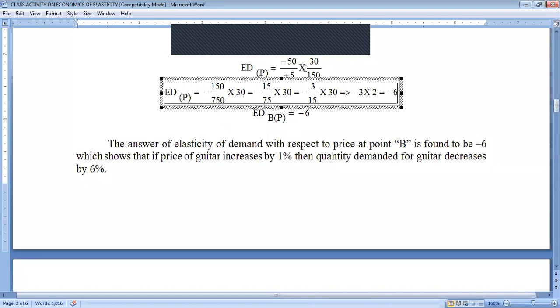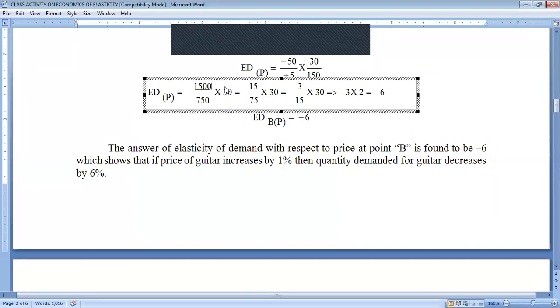50 into 30 becomes 1500, and 5 into 150 becomes 750. So 50 into 30 equals 1500, divided by 5 into 150, which equals 750.